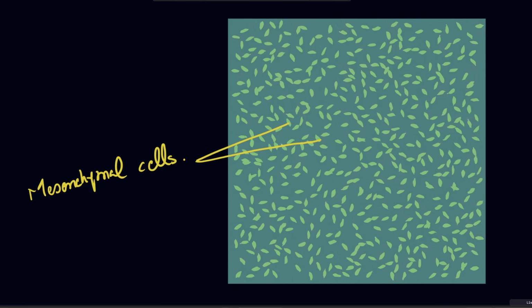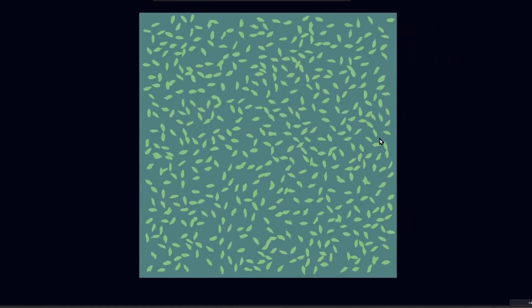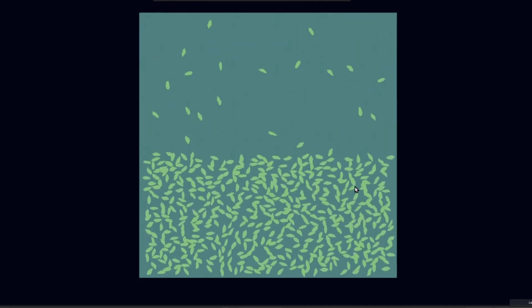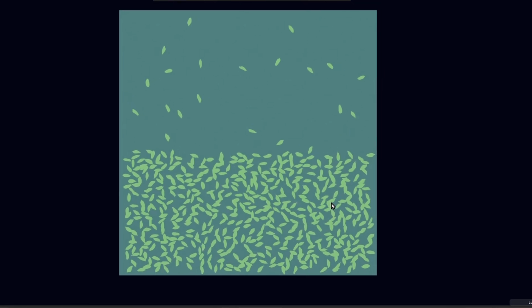So within this embryonic connective tissue, these mesenchymal cells first proliferate, and then at some places where the bone has to be formed, these membranes condense, they come close together like this, and they form membrane-like structures.